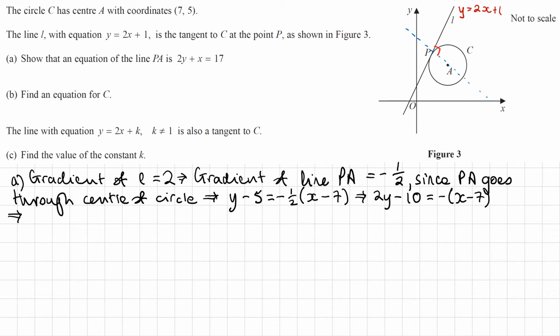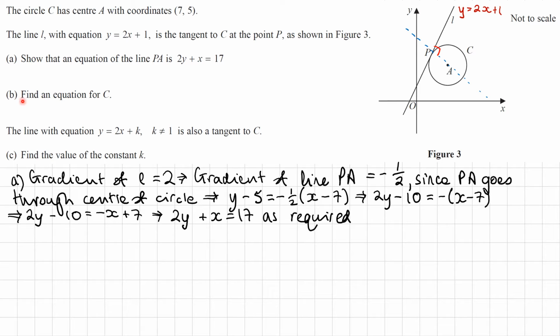Before we do that, let's expand the bracket. So we'll have 2y minus 10 is equal to minus x plus 7. So we'll add x to both sides, and then we will add 10 to both sides, so we get the result as required.